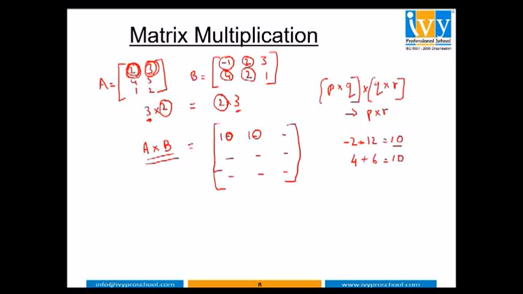And for this element, these 2 and 3 will be multiplied by 3 and 1, so we get 2 into 3, which is 6, plus 3 into 1, which is 3, which is equal to 9, so we just plug that number in over here.